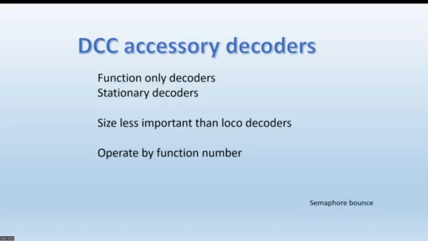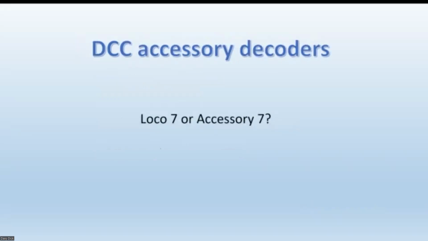And they all operate in the same way with DCC using function numbers. You hit function key 9, that sends out one message. You hit function key 11, send out a different message. Now, if you send out 7, how does it know it's a loco or an accessory 7?